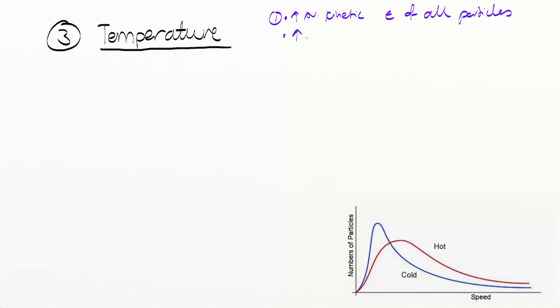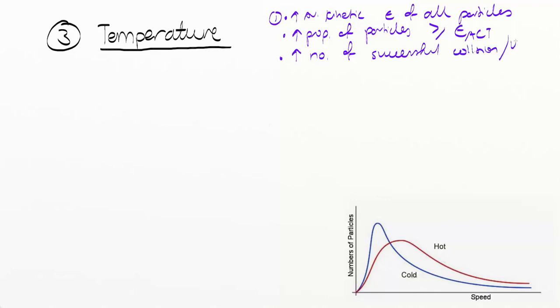In a greater proportion of particles with energy equal to or greater than the activation energy. And that would result in what? A greater number of successful collisions per second, or per unit time. So I'll write unit time here, and therefore that increases the rate of reaction.